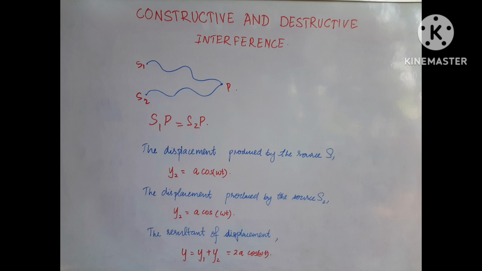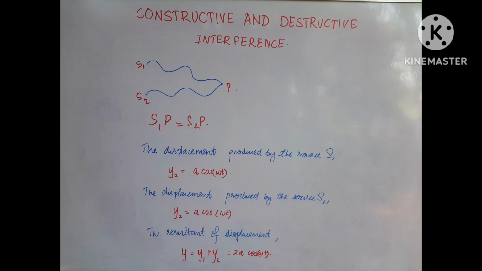So the phase difference between the displacements does not change with time. That is the condition for a coherent source. So we say that a cos omega t is the displacement in the first equation. It is y2, a cos omega t, in the second equation. That is actually y2 here, but it was wrongly mentioned as y1. Just forgive me.